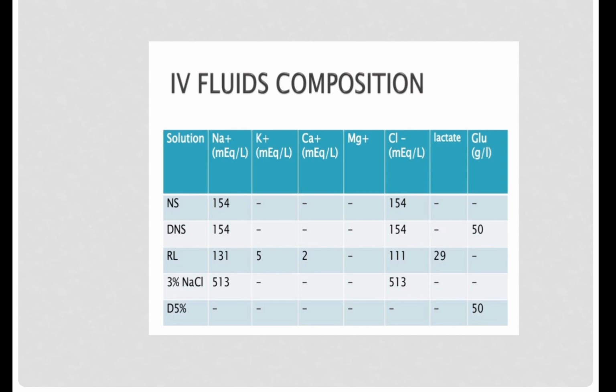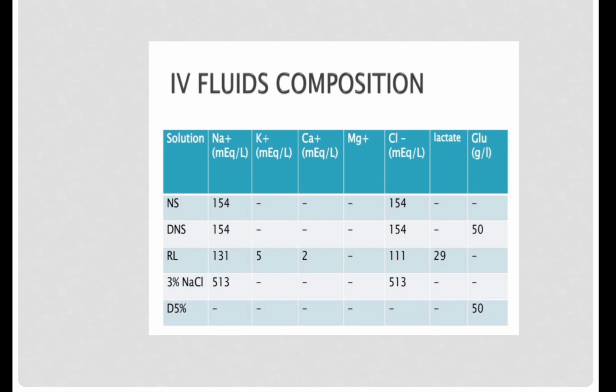In the case of Ringer's lactate, RL, also called Hartmann's solution, sodium is 131 milliequivalent, potassium is 5, calcium is 2, chloride is 111 and lactate is 29. This is the ratio in 1 liter of Ringer's lactate.